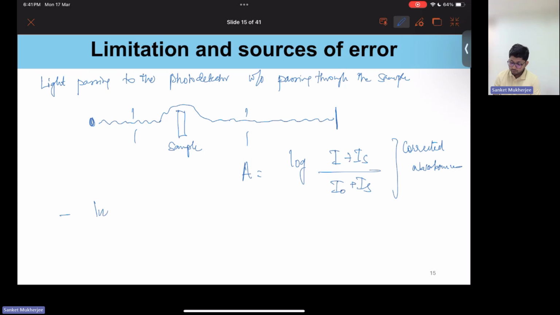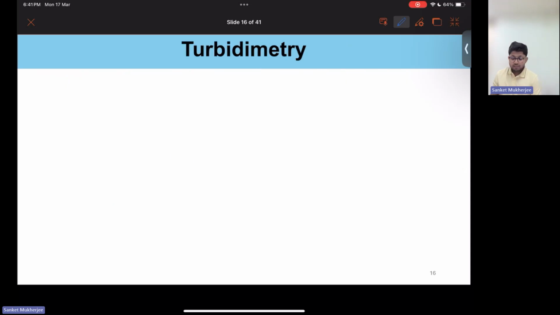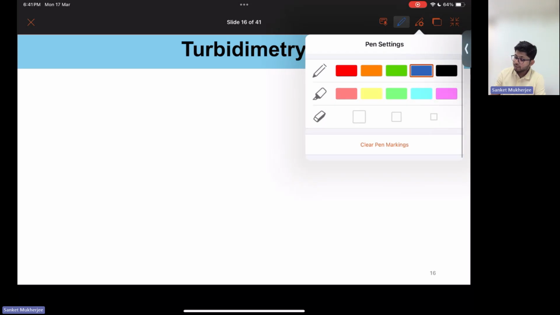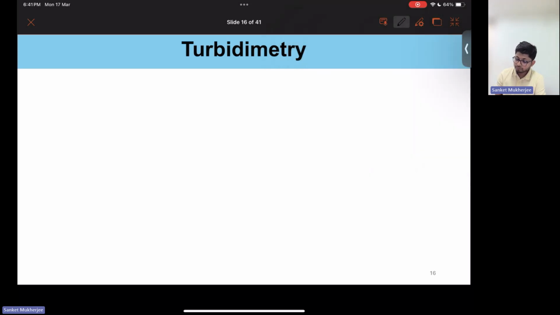There could be some instrument errors which could also cause this problem, or noise. Turbidimetry again is used most commonly for the concentration of, let's say, bacterial samples. We take OD measurements at 600 nanometer.